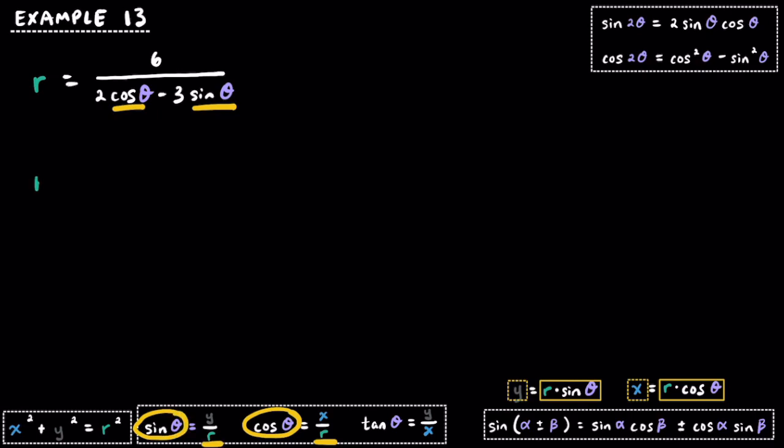So rewriting this using our ratios, we can say we have r is equal to 6 over 2 times, well, what's cosine of theta again? Well, we said it's going to be x over r, so I'll rewrite this as x over r, just like that. And we're going to have this minus 3 times sine of theta. Well, sine of theta we said was y over r, so I'll write y over r.